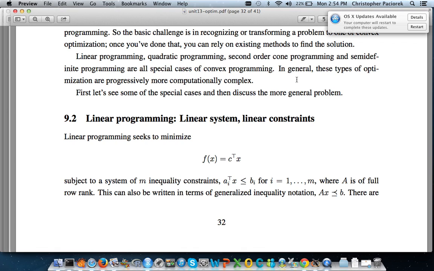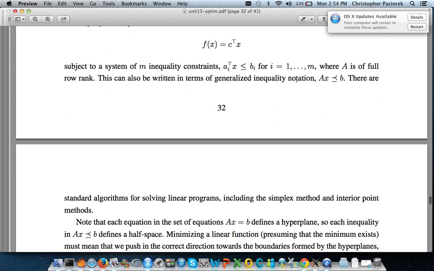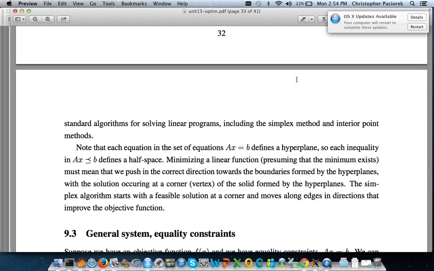So f is just c1 times x1 plus c2 times x2 plus up to cq times xq, where q is whatever the dimension of x is. And now suppose I have m constraint functions, where the row ai times x, the inner product, is less than or equal to bi. So the question is, how would I solve that problem? Let me see if I have my picture here.